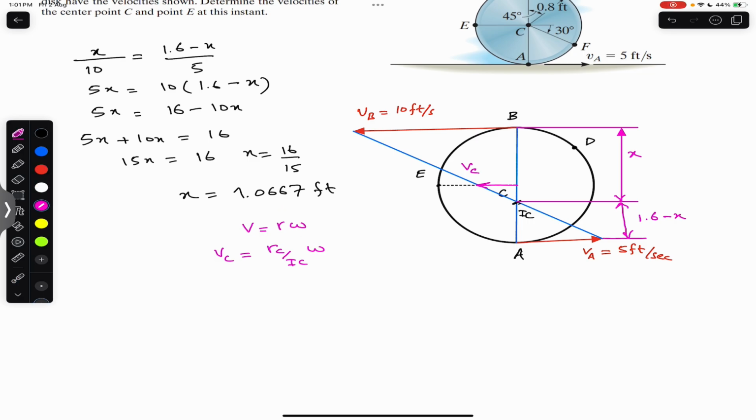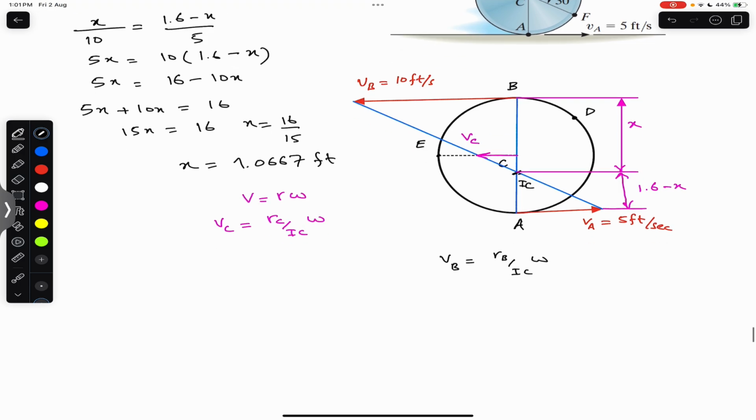For VB, we can write that VB will be equal to R of B/IC times omega. And R of B/IC will be a vector from the instantaneous center to that point B, which is where the tail of VB is.